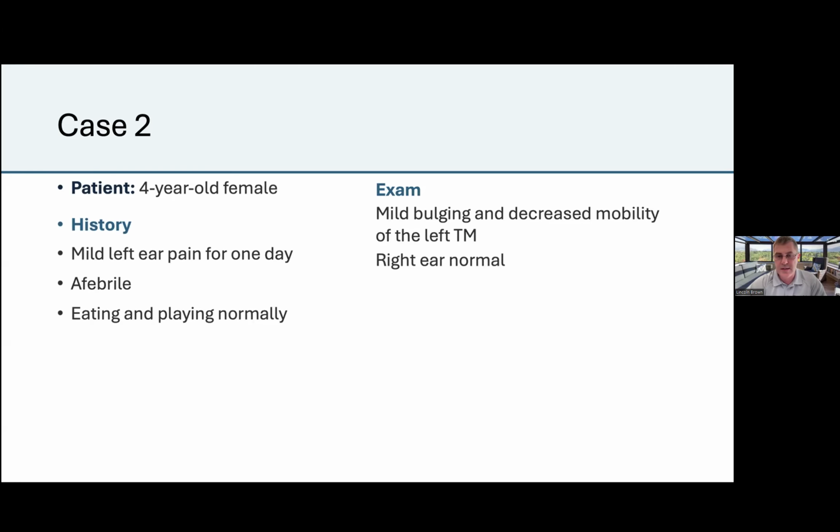I apologize, I did not catch that. I think she said uncomplicated otitis media. Okay, great. This is one of the ones we'll come back to in much more depth, but would you prescribe antibiotics for this patient? Think about that one for a minute. Let's move on to, so yes, unilateral acute otitis media, over 2 years old with mild symptoms.